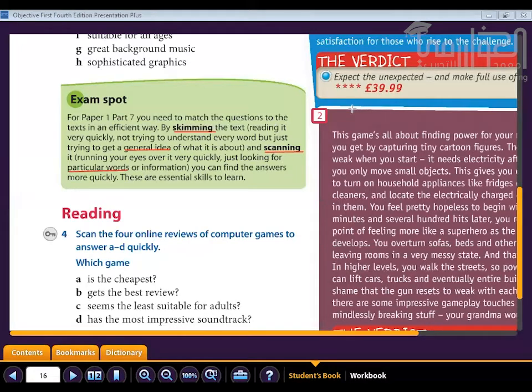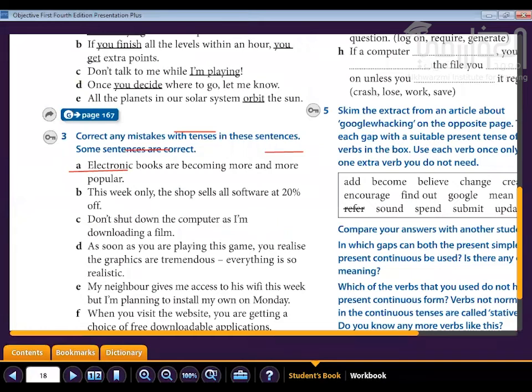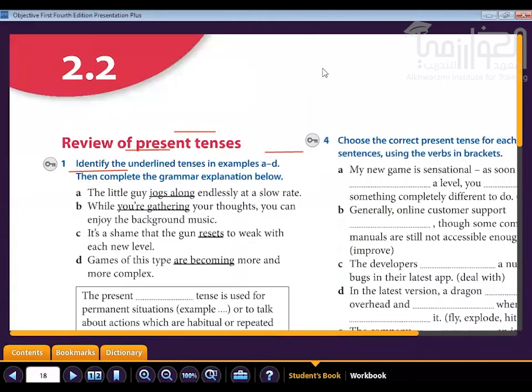Now we can move to the review of the present tense. Let me change the page for you. Yes, so we have here review of present tenses. Now, identify the underlined tenses in examples A to D. So, which tenses are these?